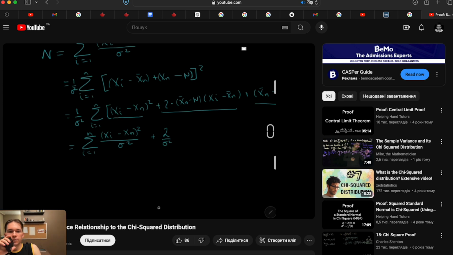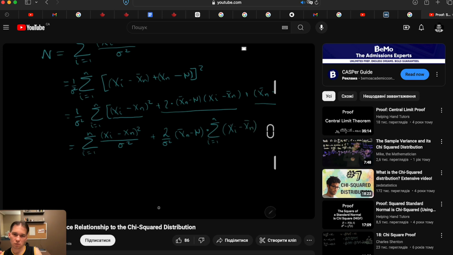And then this sum is basically going to go in, and Xn bar minus mu doesn't depend on i, so that's a constant. So I'm going to bring it out, Xn bar minus mu, and then I'm going to have the sum, because Xi definitely does depend on i, from i equals 1 to n of Xi minus Xn bar.